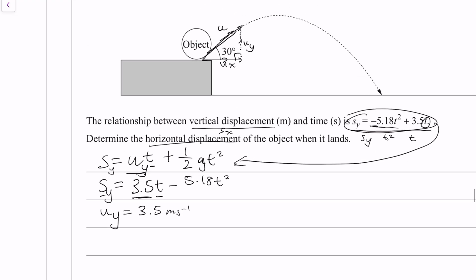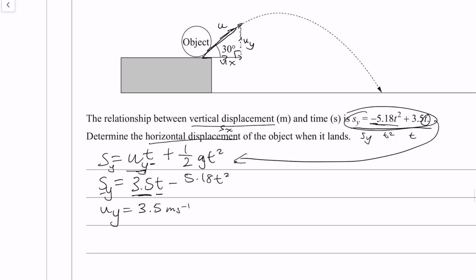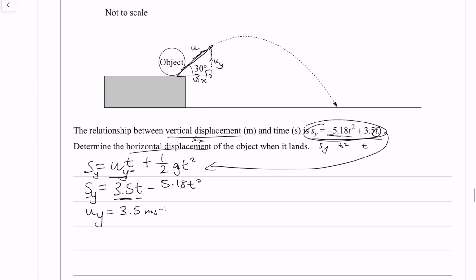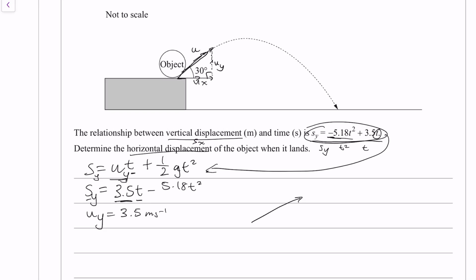And so because I'm trying to find horizontal displacement, I can now work with my formulas here, where if I draw another figure and use a bit of trigonometry, I know that's 3.5 meters per second now. I don't know what u is, but I can find out x.